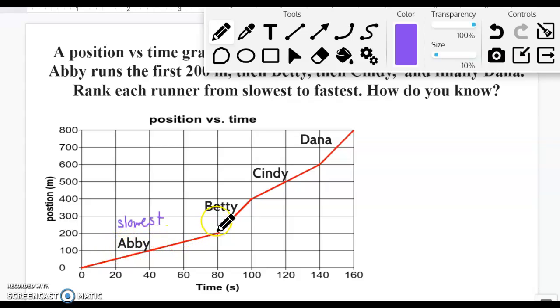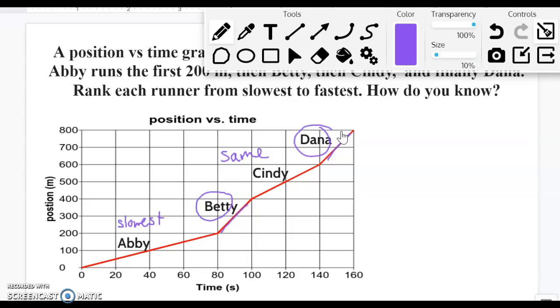It doesn't have as great of a slope as the other people. But Cindy's is a little bit steeper than Abby's, so she would be next. And Betty and Dana actually have the same speed, because the slopes of their lines are the same.